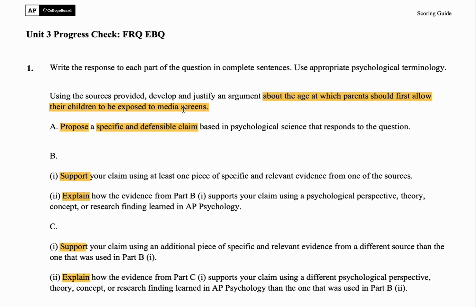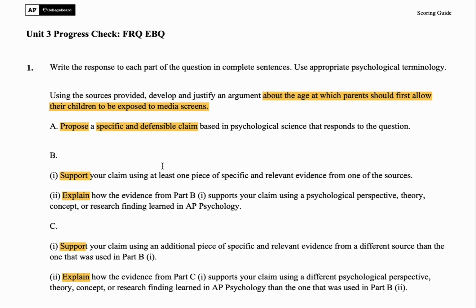We can also say that in Jean Piaget's stage theory, right, there's a sensorimotor stage that's 0 to 2 years old. So we can talk about the age more specifically in the explanation part, because we know that sensorimotor stage is 0 to 2 years old. And there's something called object permanence in this theory.